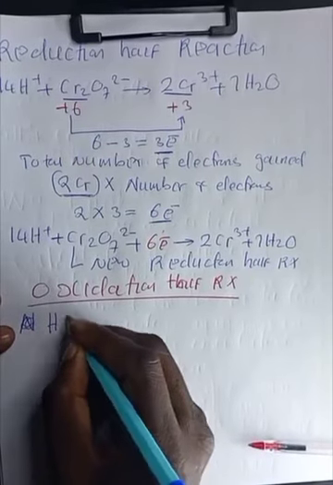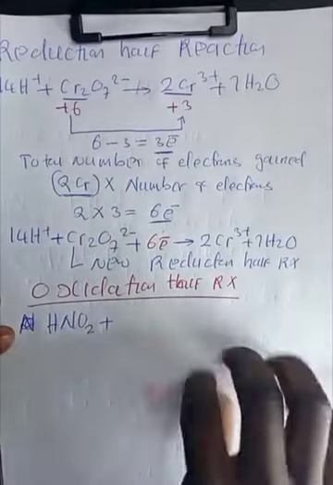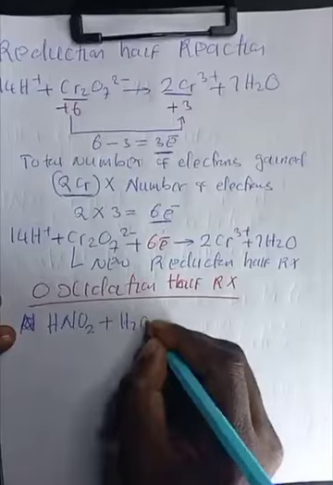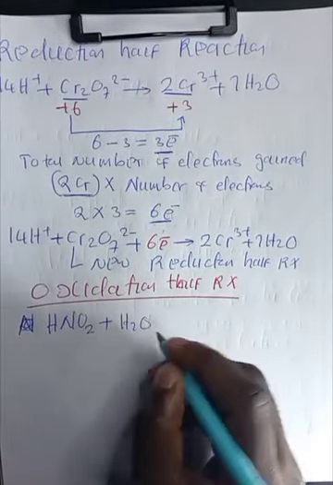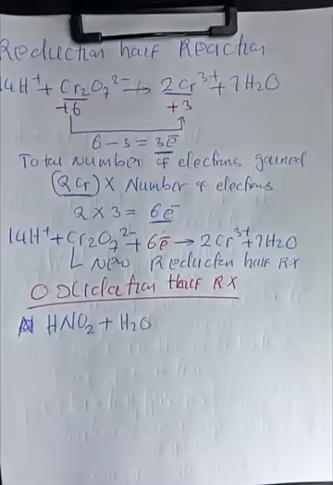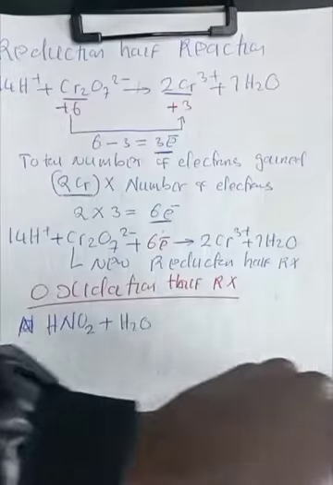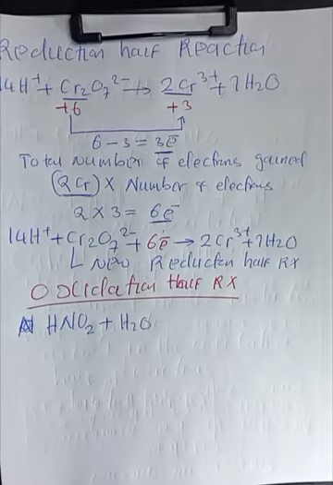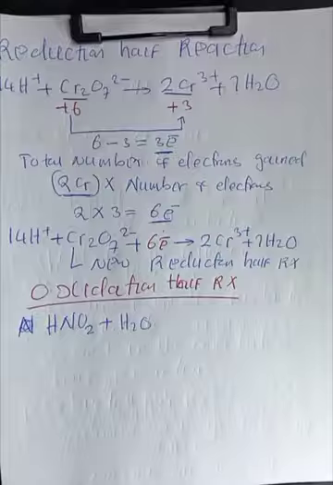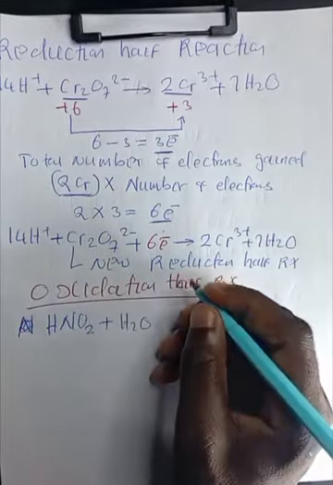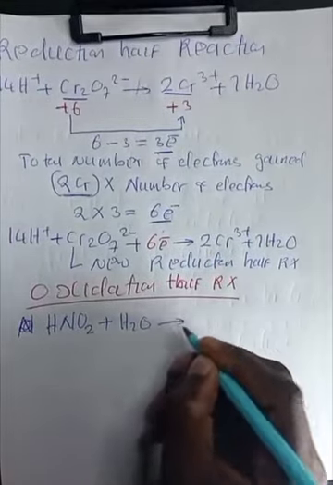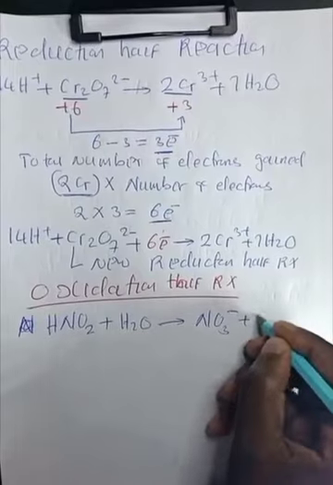It's HNO2 plus water molecule H2O here. Okay, so this is producing NO3 minus plus 3 hydrogen ion.